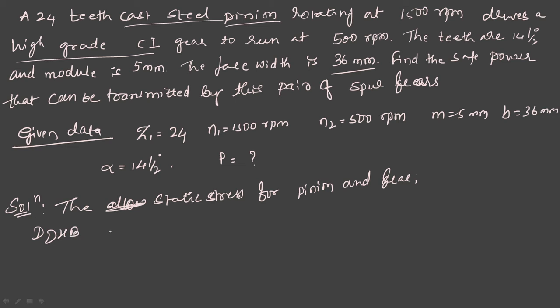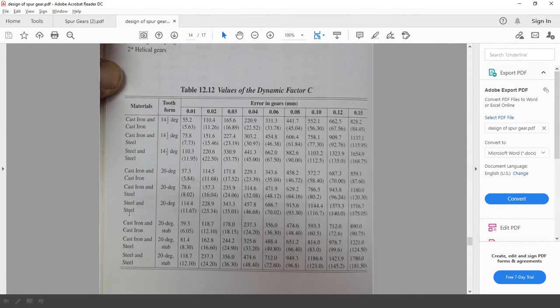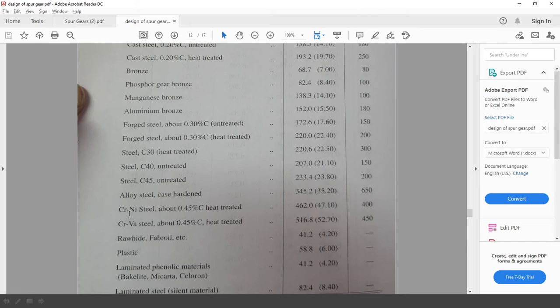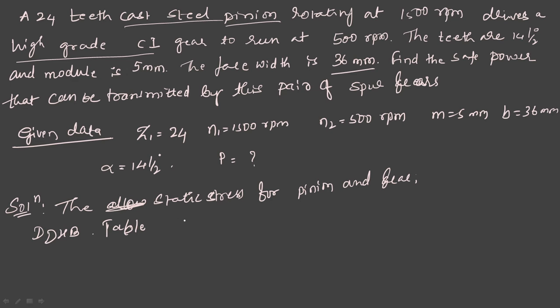Go for table number 12.7. First it is a cast steel pinion, so this is sigma d1.